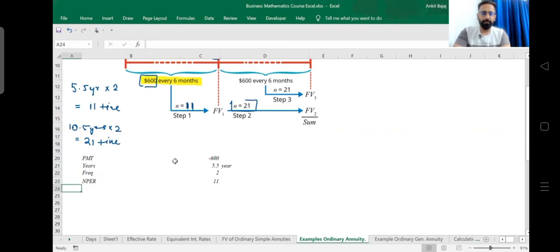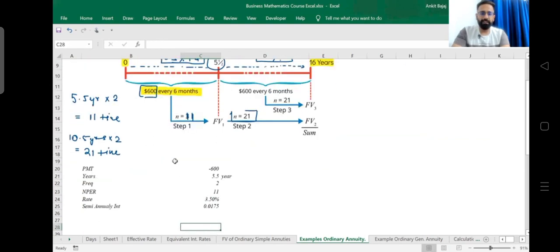If I talk about the rate, the annual rate given is 3.5%. Because we are making investments every 6 months, the semi-annual interest rate is going to be 3.5 divided by 2.